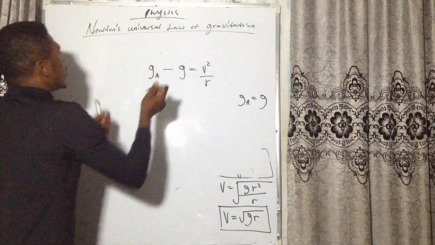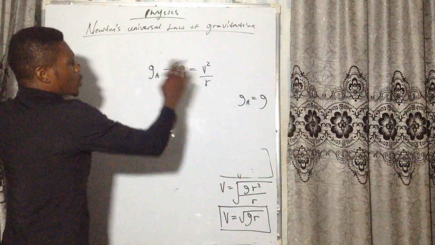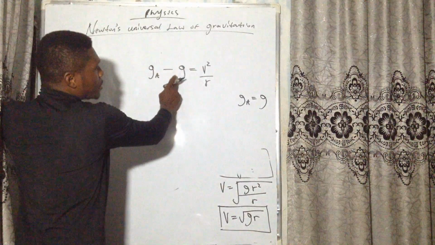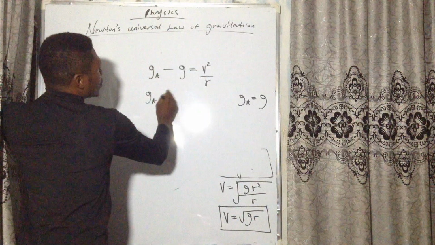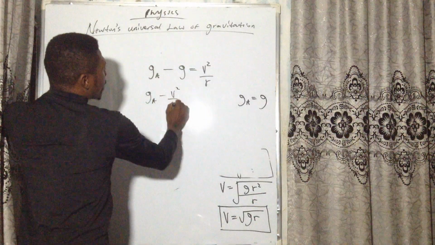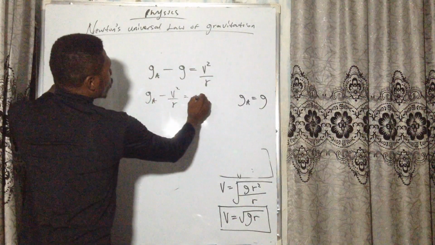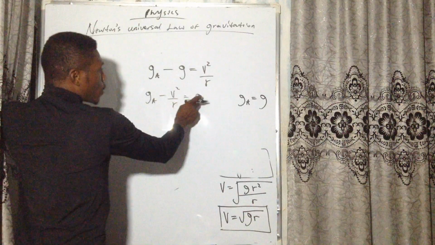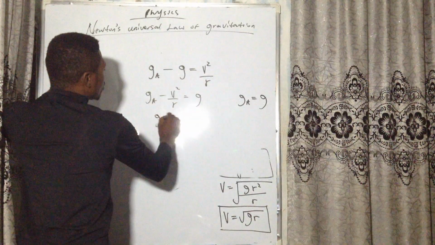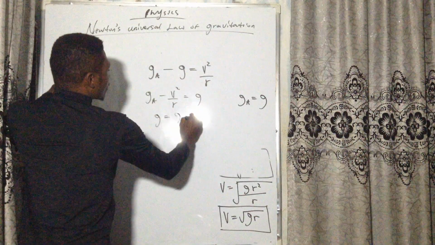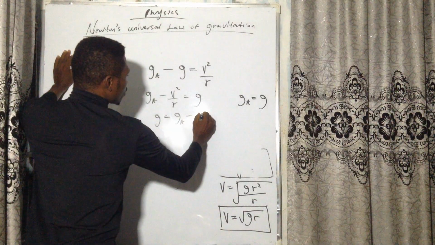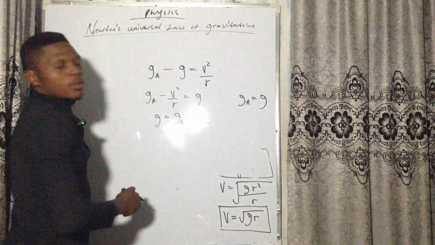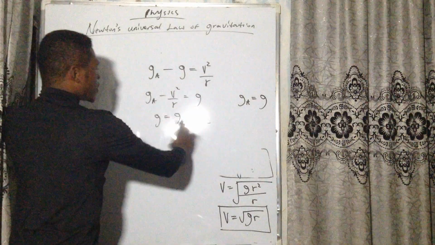Now, look at your weight. If you want to calculate your weight, you make g the subject of the formula. So we have GA minus V squared over R equal to g, the free fall acceleration. So g is equal to GA minus the centripetal acceleration, let me just put it AC.